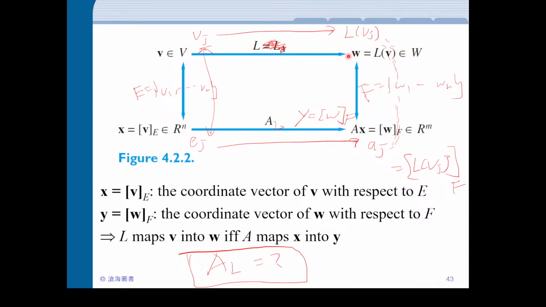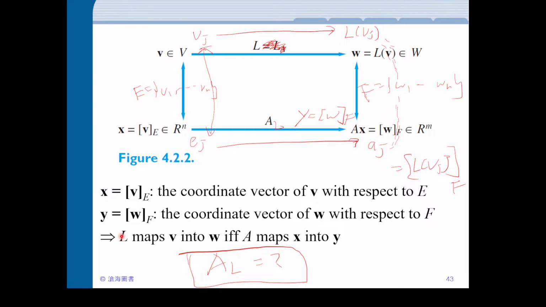L of V_j gets mapped to this L of V_j with respect to F. This is something we know how to do from chapter 3, and we will review it a little later. For now, we know that L of V_j also corresponds to some unique coordinate inside R^m by this F ordered basis, and we write it as this: L of V_j with respect to F.